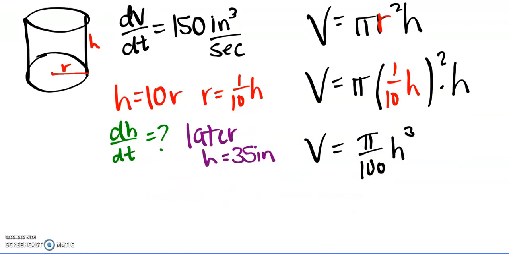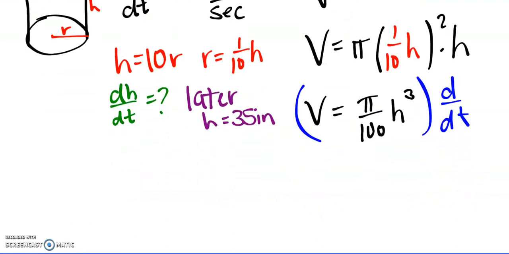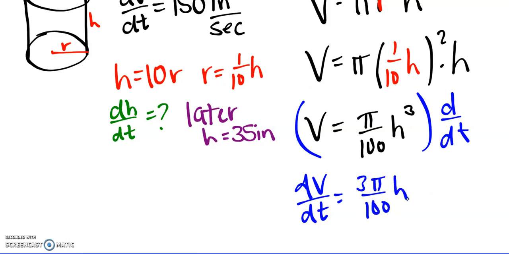I'm going to take the derivative with respect to time, because my variables were related the way I needed them to be with just volume and just height. So I get dV/dt equals 3π over 100 H squared dh/dt.